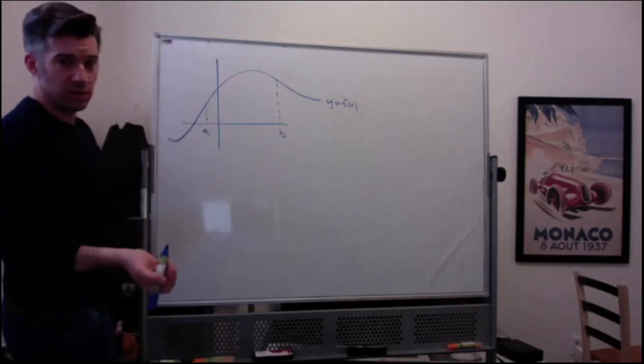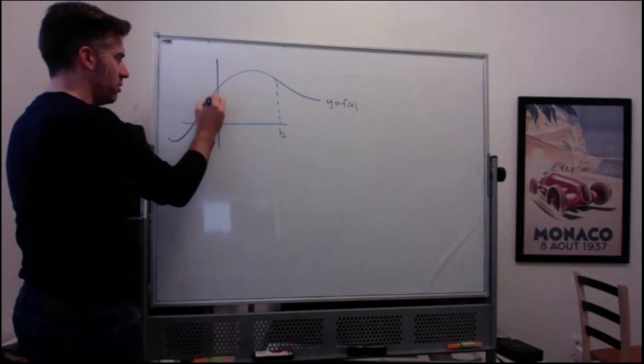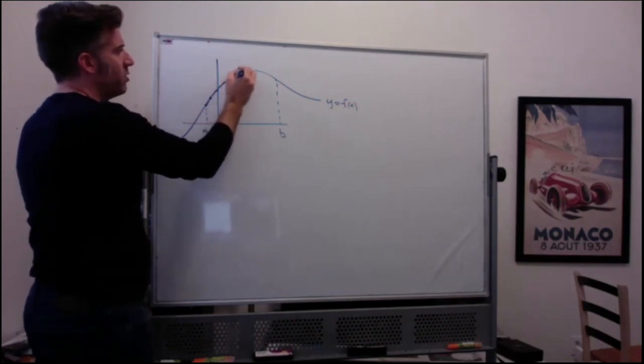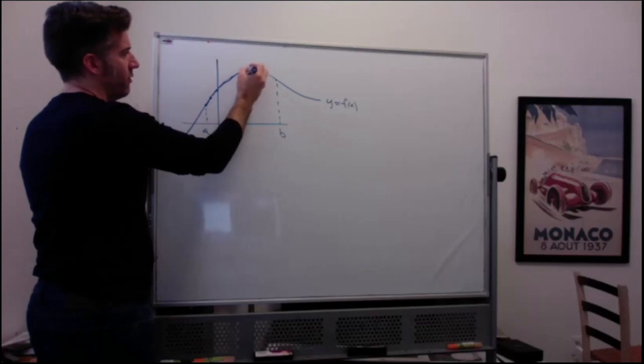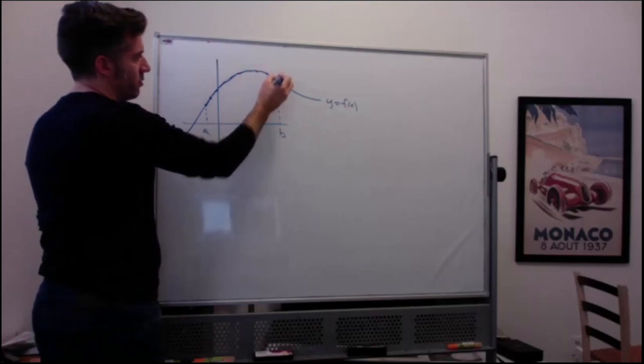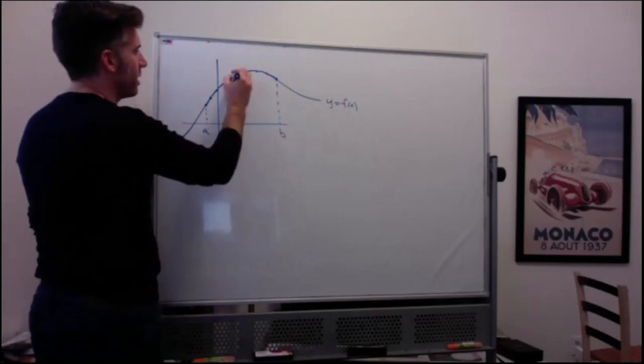What I'm going to do is break it up into a lot of little arc lengths, from here to here, from here to here. Just like how we find area by breaking it into a bunch of rectangles, now I'm breaking it into a bunch of little lengths. And I'm going to look at this length here in particular.